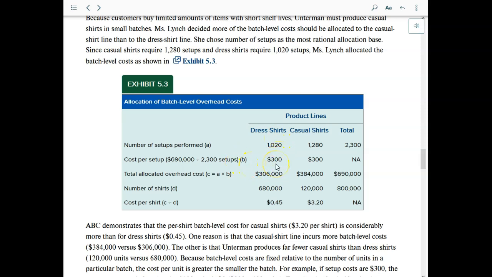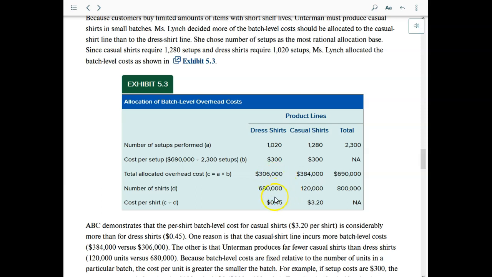Okay, so $300 times the number of setups for dress shirts, 306,000 is allocated to dress shirts. Casual shirts, we have 1,280 setups times 300, 384,000, a little bit more.